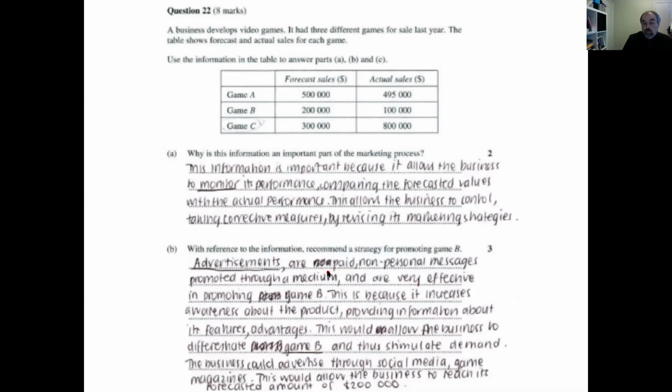All right, so again, if we're looking at Game B and we look up the top here, we can see that the forecasted results and the actual results, there's something gone wrong there, as opposed to Game A and B. So the business, therefore, could advertise through social media, so that's an advertisement, game magazines.